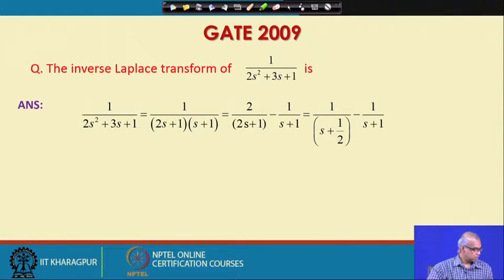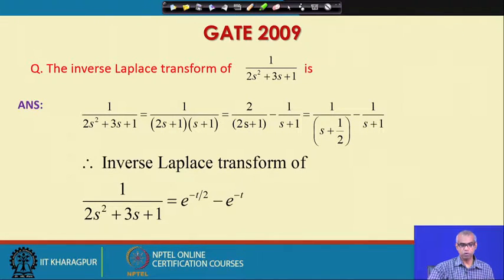So, let us follow the partial fraction method, and you can write 1 by (2s square plus 3s plus 1) as 1 by (s plus half) minus 1 by (s plus 1). Now, we know the inverse Laplace transform of 1 by (s plus half) or 1 by (s plus 1), in general 1 by (s plus a). So, now we can find the inverse Laplace transform easily as follows.